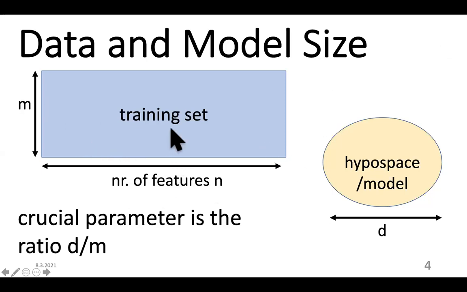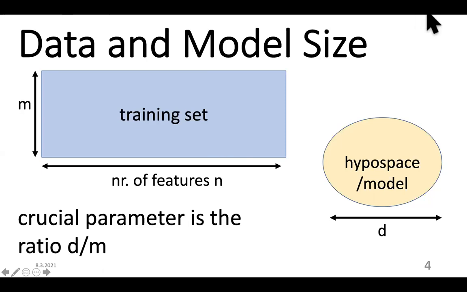So then we also have a quantity that is measuring the size of a hypothesis space or a model. I call this the effective dimension of a hypothesis space. It's a measure for the size of a hypothesis space. And what is important, what is an indicator of whether a method will overfit or not, is the ratio of the effective dimension of the hypothesis space to the number of data points.